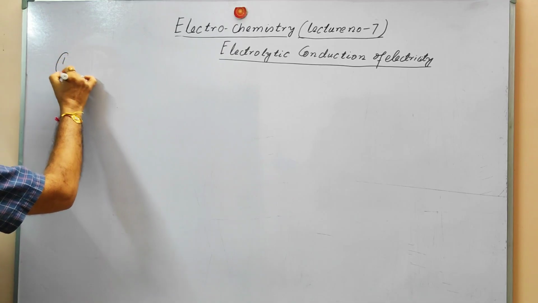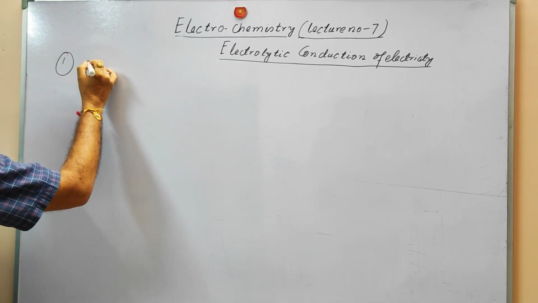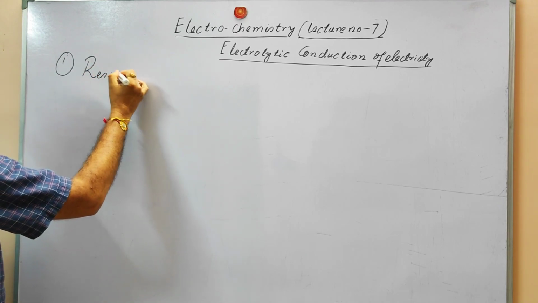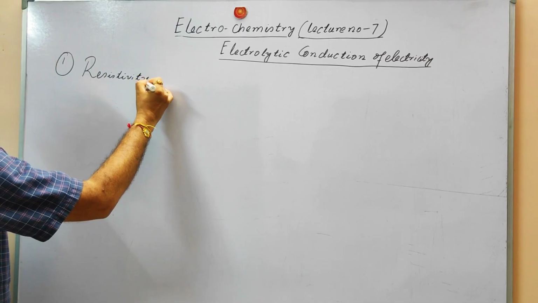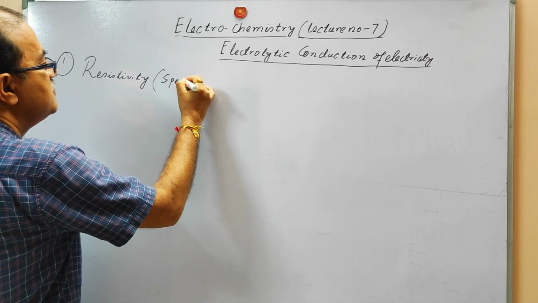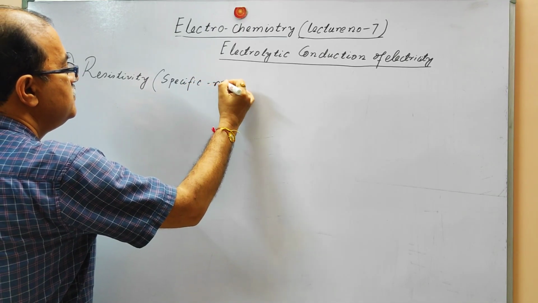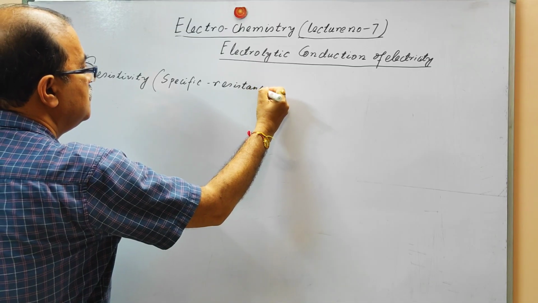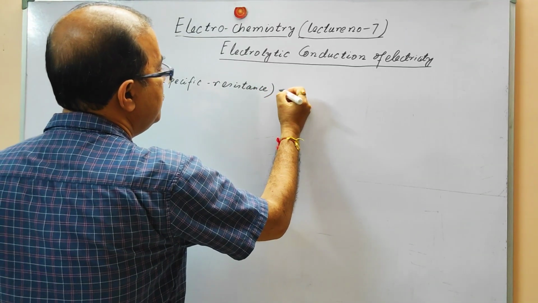Another two important terms we will define now. One is the resistivity, or it is also called specific resistance, and it is represented by rho.